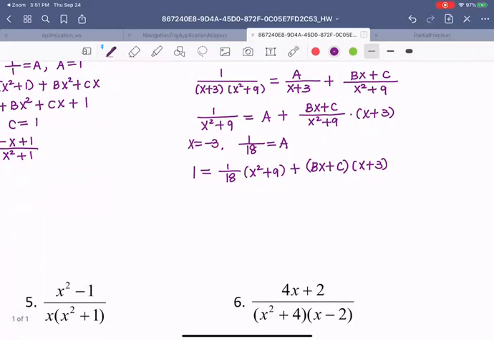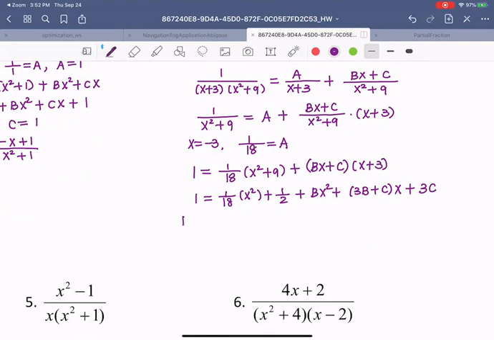That gives 1 over 18 x squared plus 1 over 2 plus bx squared plus 3b plus cx plus 3c.